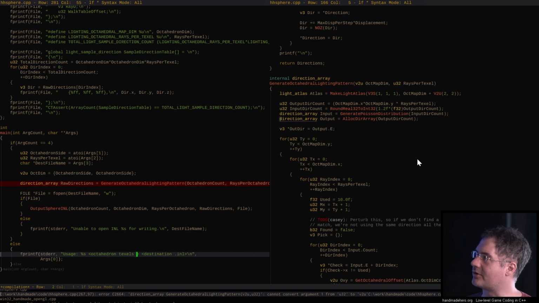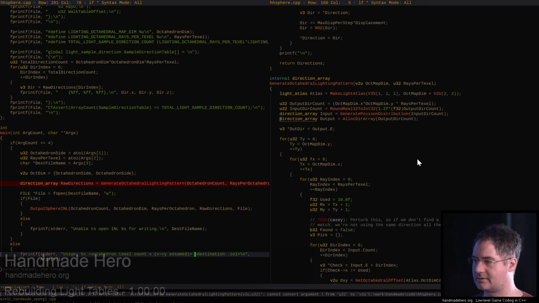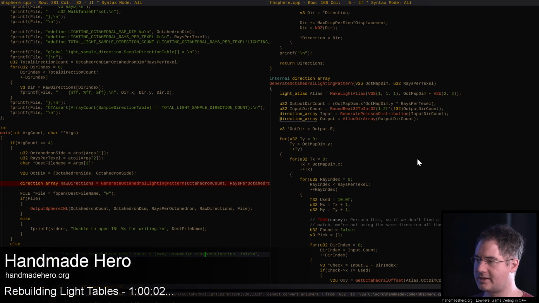There needs to be a better word for when you have a square texture, you're saying one of them. Something like that. I mean, it's really, really cumbersome, but oh well. And then here we have rays per texel.